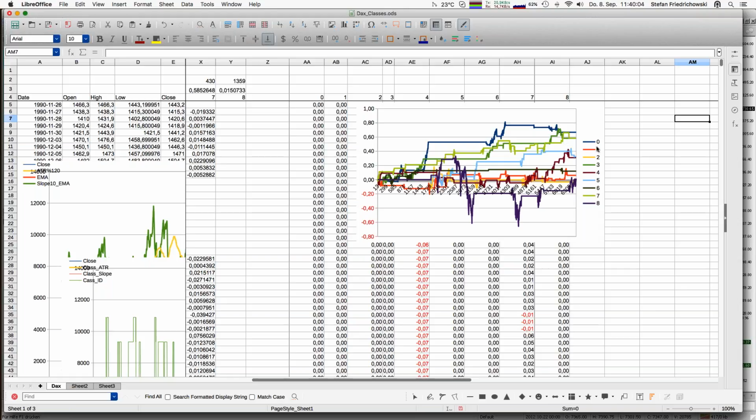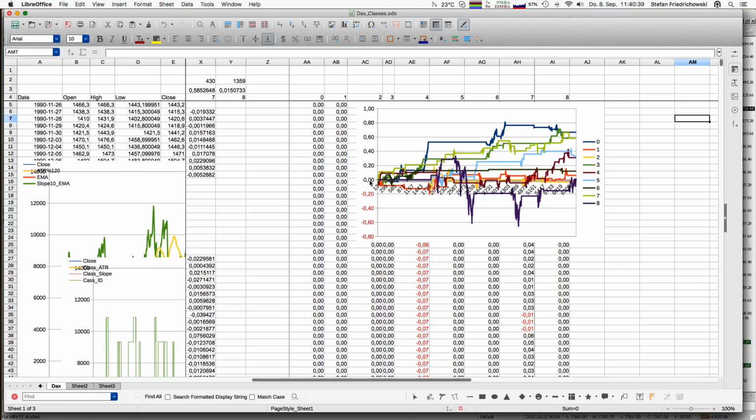So we would identify class number 0 being a good class for long trades. We would identify class number 3, that is the darker green line, being good for long trades. And we would identify class number 7, once again this other green here, which would add up to a significant number.